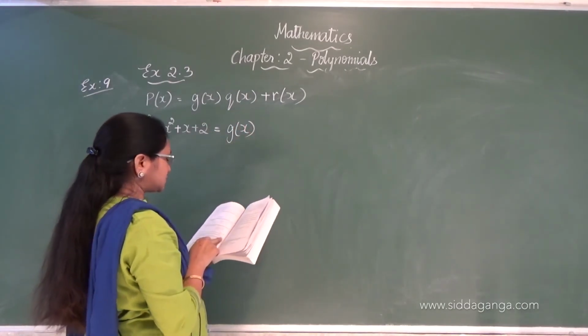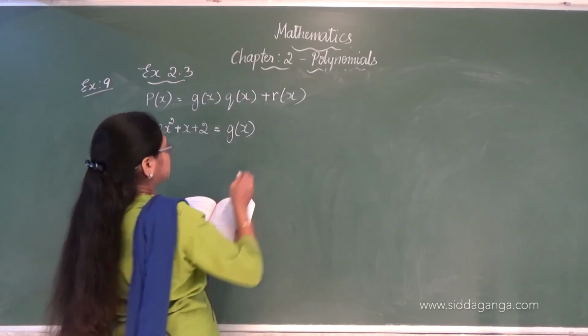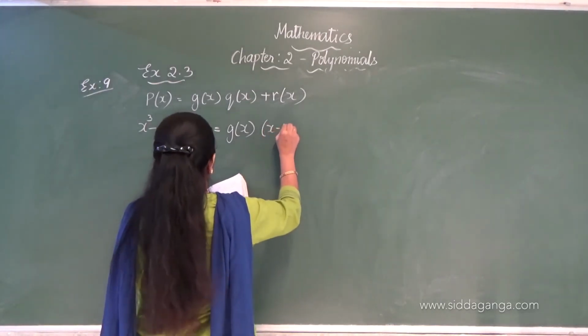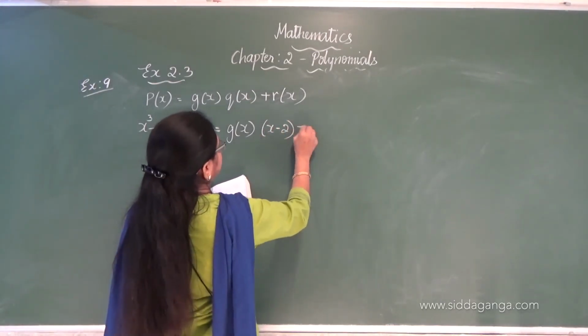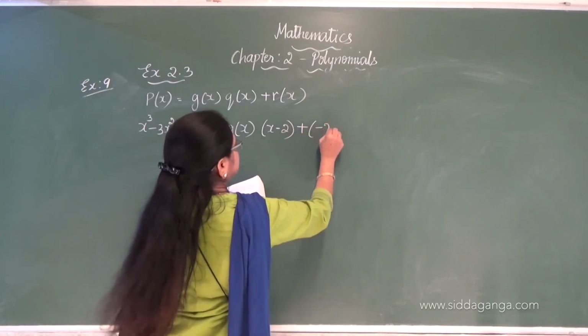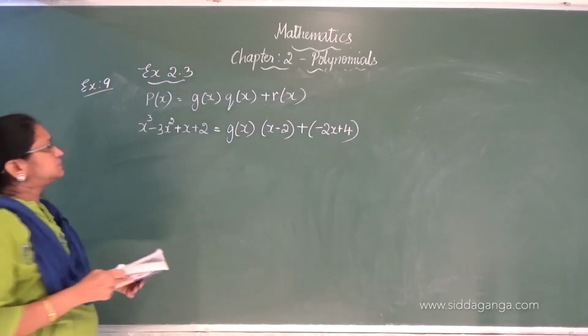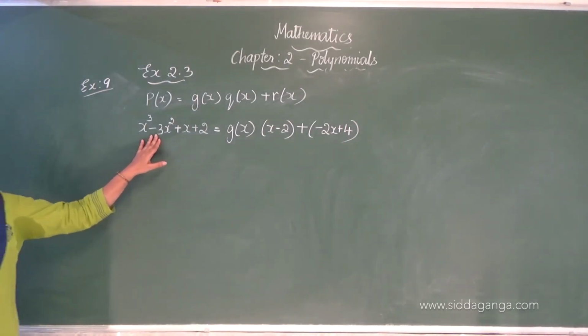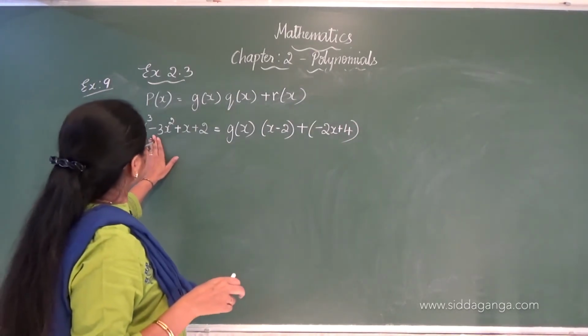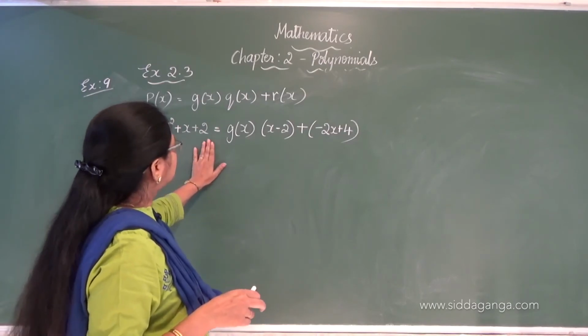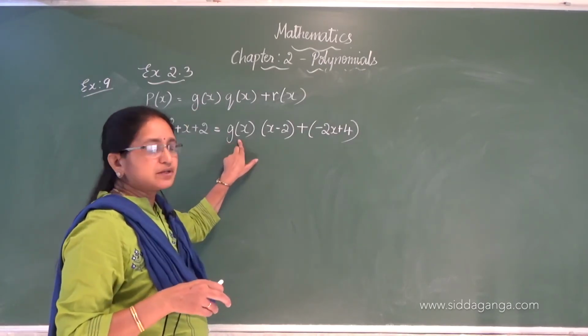Now next, the quotient and the remainder. The quotient is x minus 2 and the remainder is minus 2x plus 4. So you have to apply this here. Now p of x is x cube minus 3x square plus x plus 2 and g of x we don't know, we have to find out.